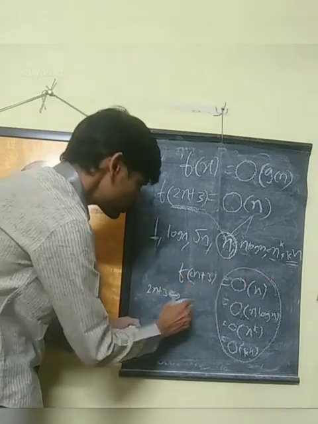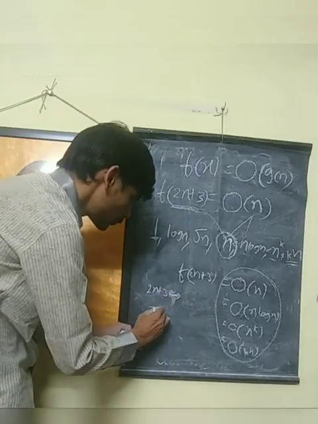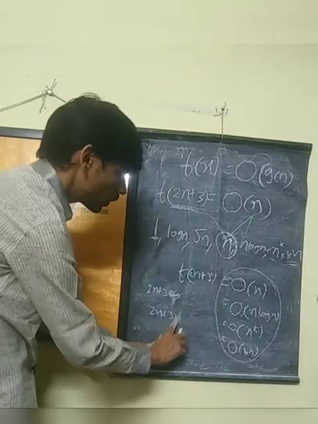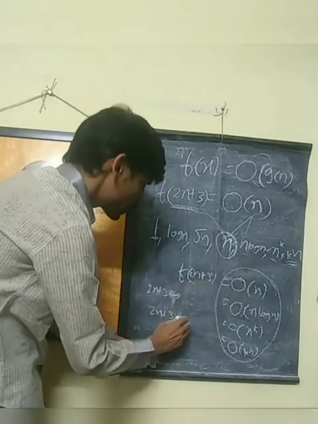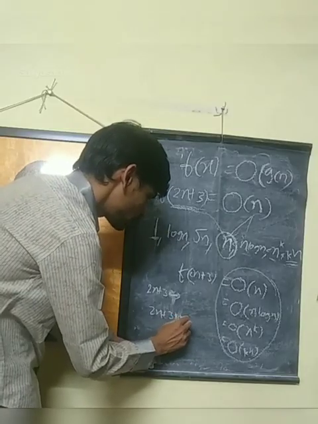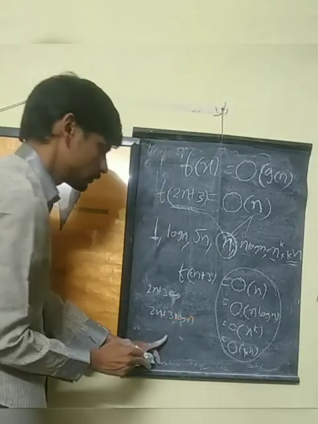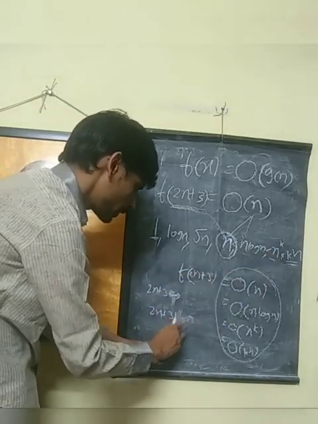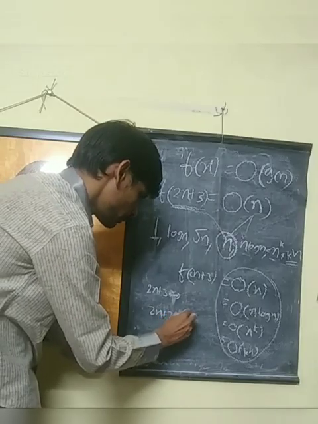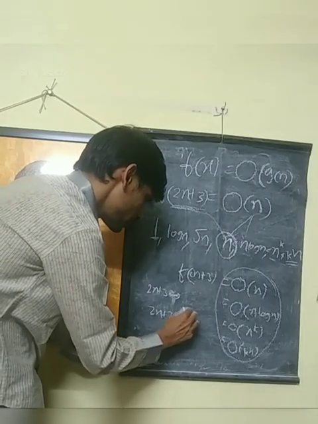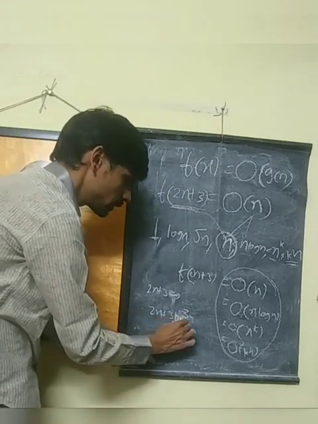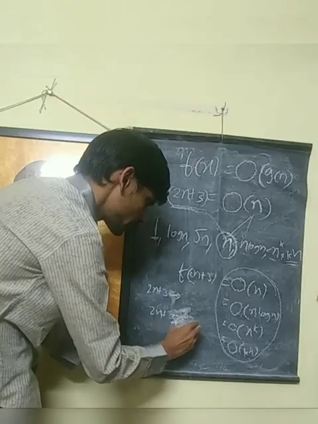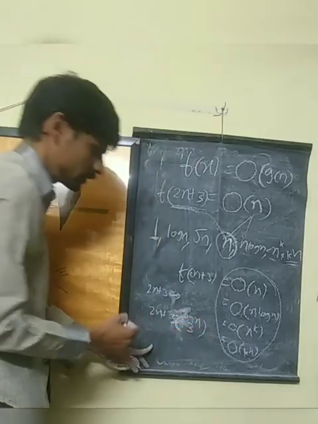Instead of n here, I will use 3n log n, or I can use n power k, for example 3 n power 3, or I can use 3 multiplied by 3 power n.